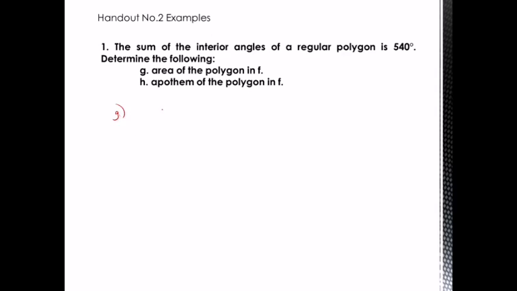So find for the area. So we'll use the formula since in F, ang ato ang given nga side is 5 centimeters. So we will use that side. Given by the formula S squared n over 4 cotangent of 180 degrees over n.